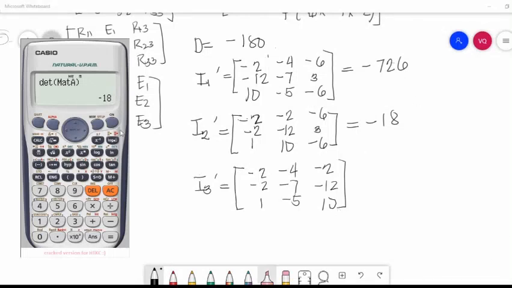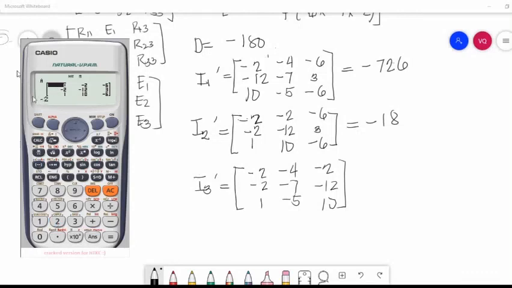So we will input it in our calculator. Mode 6, 1 1.